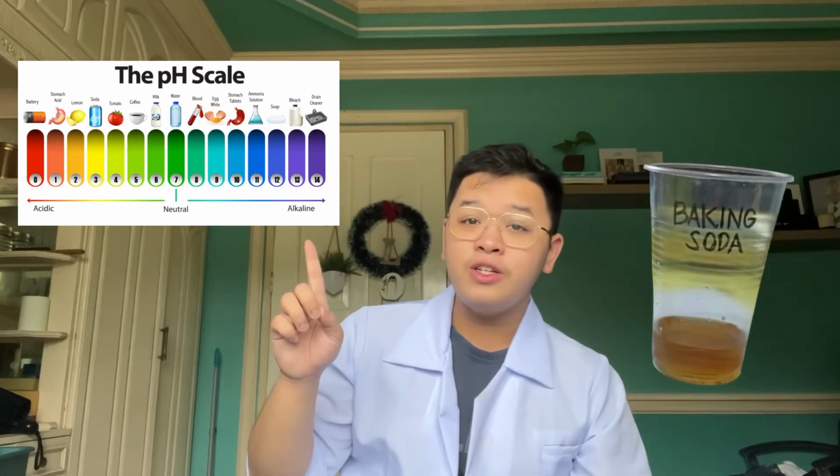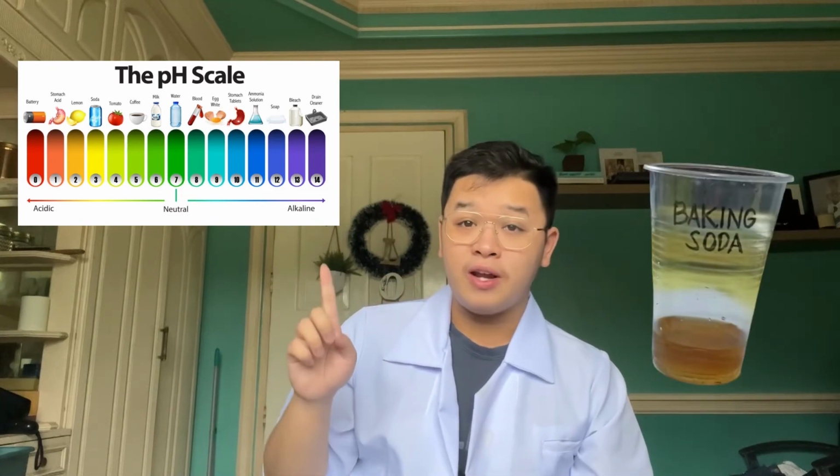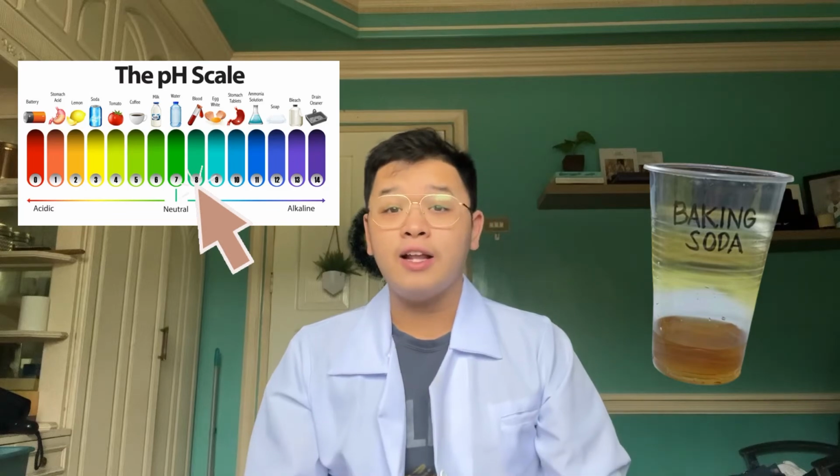Baking soda, which is fern green, will fall in number 8, and that is the basic or alkaline solution in our experiment. From most acidic to least acidic: calamansi, orange, number 2; vinegar, light yellow, number 3; tomato, corn yellow, number 4; water, dark green, number 7; and baking soda, fern green, number 8.